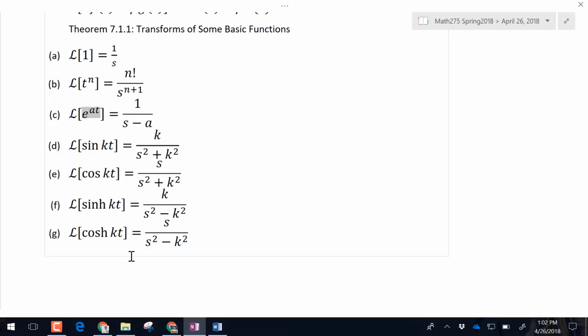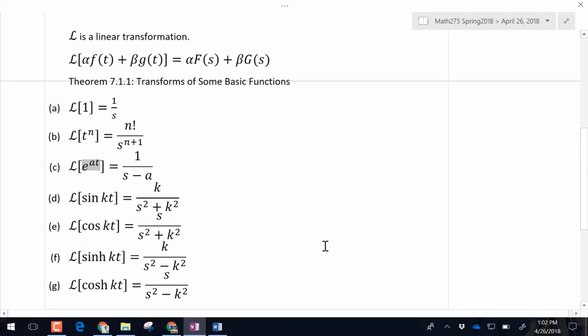So here are some basic transformations. I won't bother trying to prove that, but you should prove one of these functions. It'd probably be a good test question to have you prove one of these Laplace transforms, just for the sake of proving it.